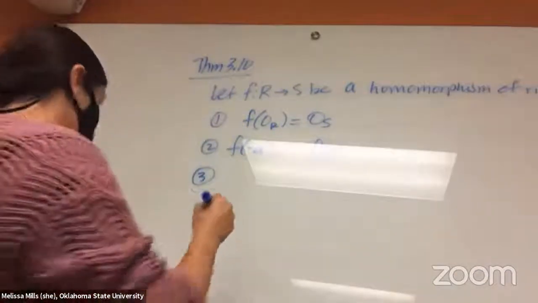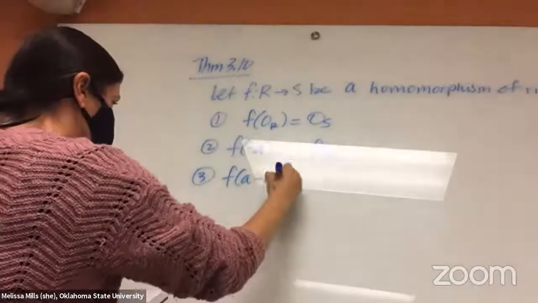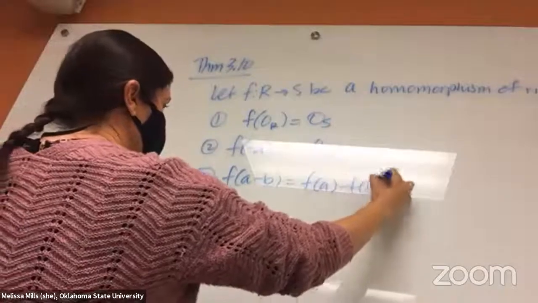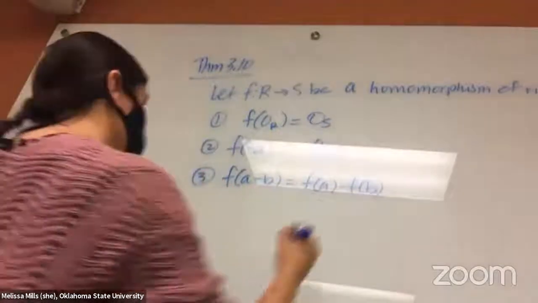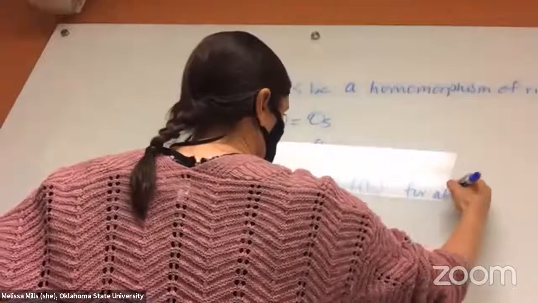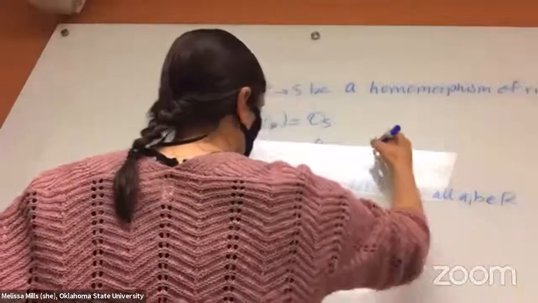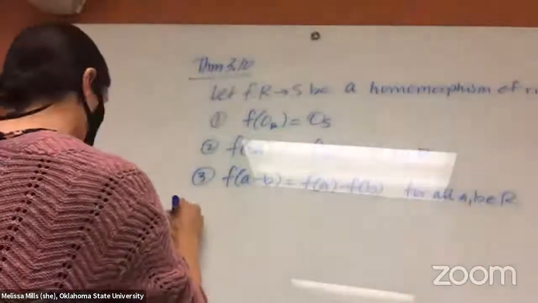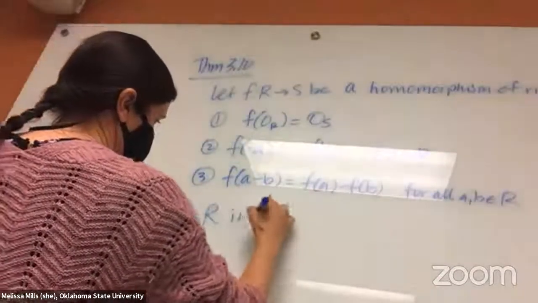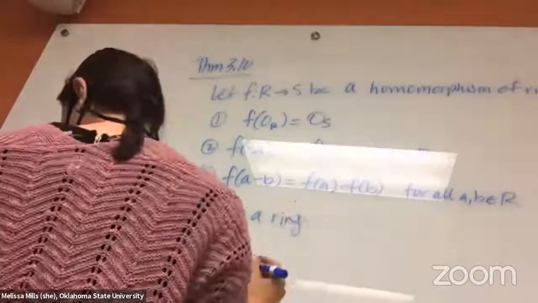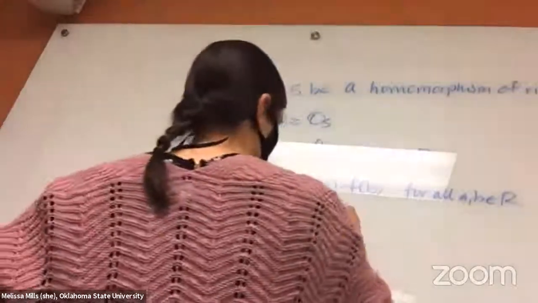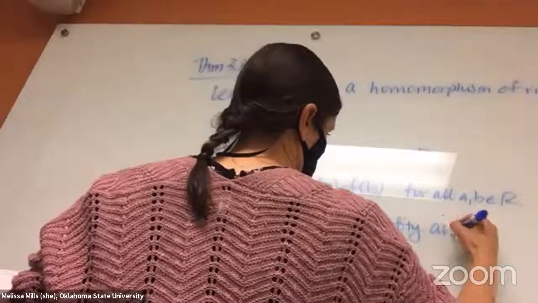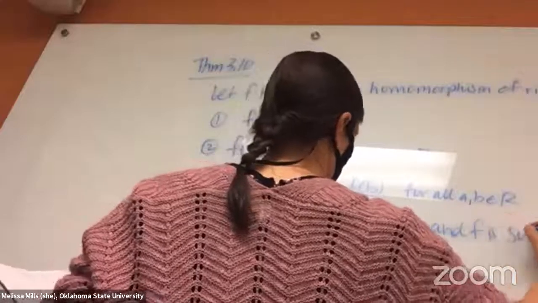Thirdly, f of a minus b is going to be f of a minus f of b for all a, b in R. Okay, and then, if R is a ring with identity and f is surjective.